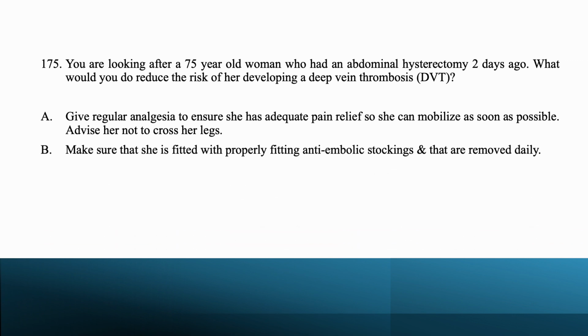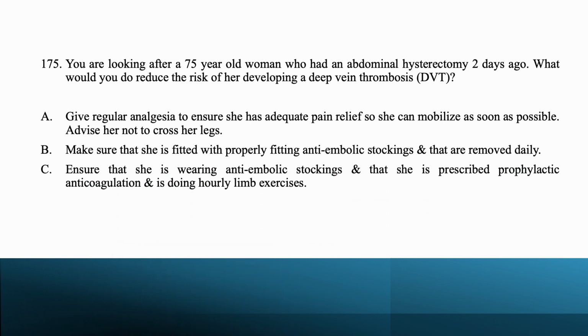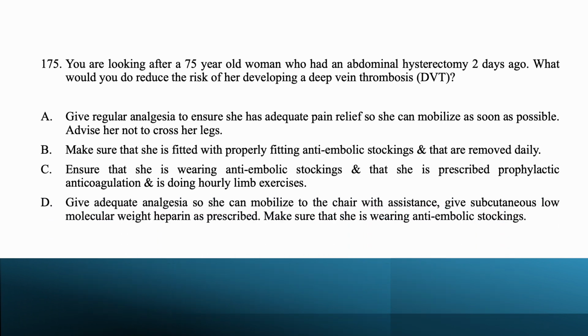Option B. Make sure that she is fitted with properly fitting anti-embolic stockings and that they are removed daily. Option C. Ensure that she is wearing anti-embolic stockings and that she is prescribed prophylactic anticoagulation and is doing hourly limb exercises. Option D. Give adequate analgesia so she can mobilize to the chair with assistance. Give subcutaneous low molecular weight heparin as prescribed. Make sure that she is wearing anti-embolic stockings.